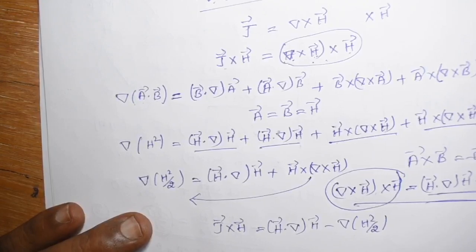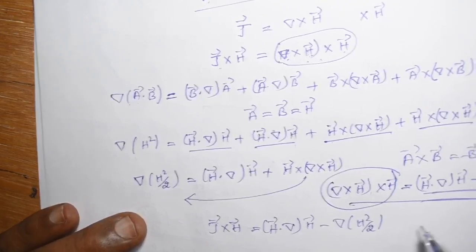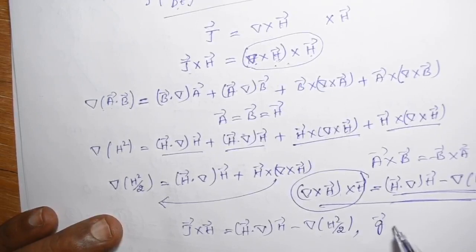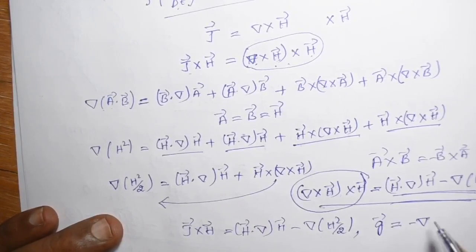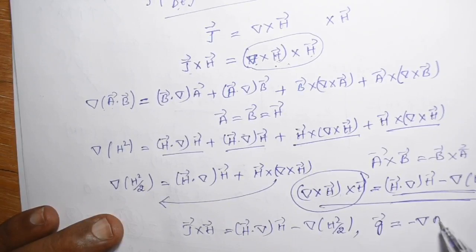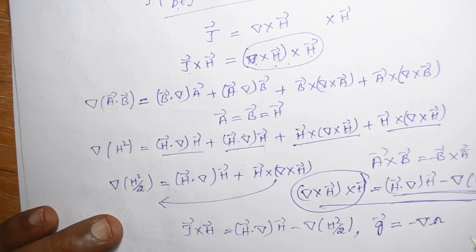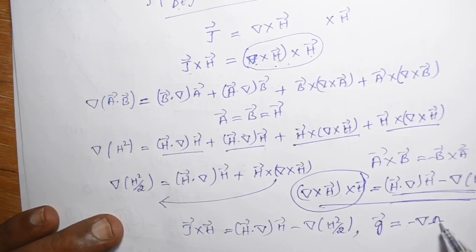And also the forces are conservative, that's why you can write G as minus gradient of some scalar quantity, that can be written as some omega or phi or anything, minus gradient of this one.